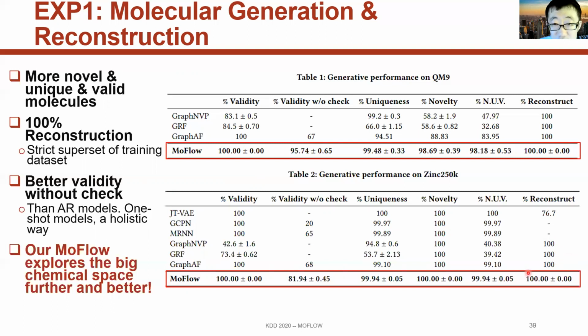Our models can achieve 100% reconstruction, generate more novel, unique, and valid molecules, and 100% valid molecules. And without correction, our model also achieves the best validity compared to the state-of-the-art results. Thus, our MoFlow explores the big chemical space further and better.